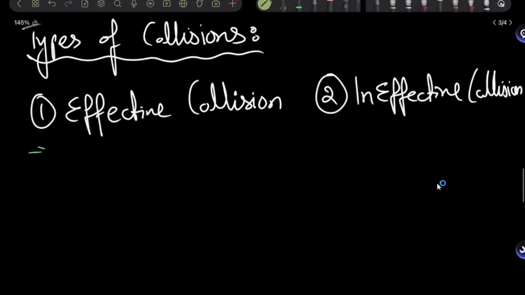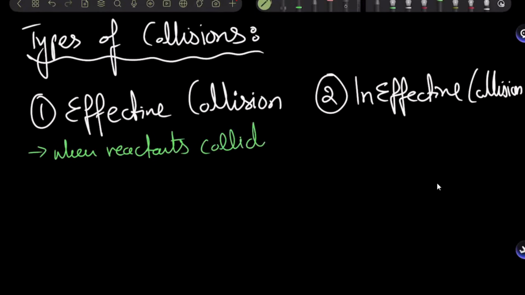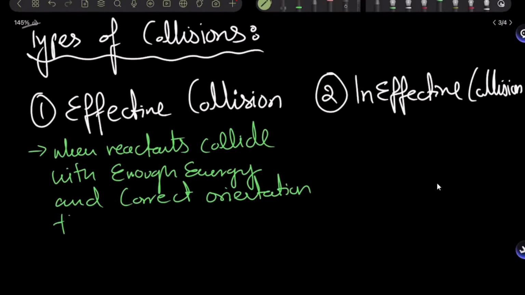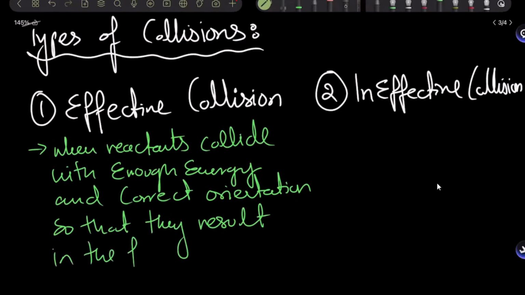Now, effective collisions happen when reactants collide with enough energy and correct orientation so that they result in the formation of the product.